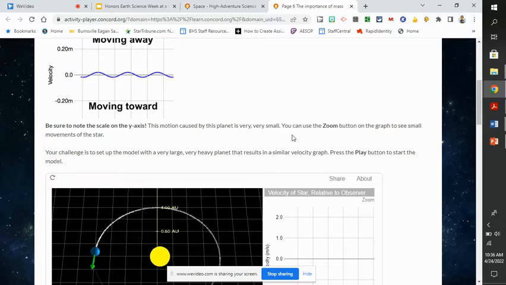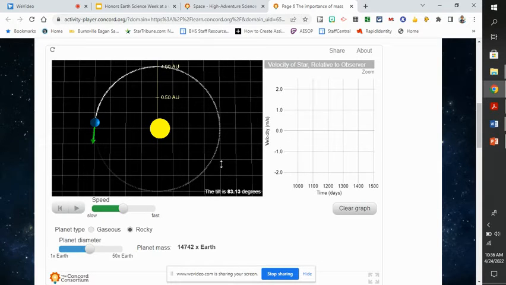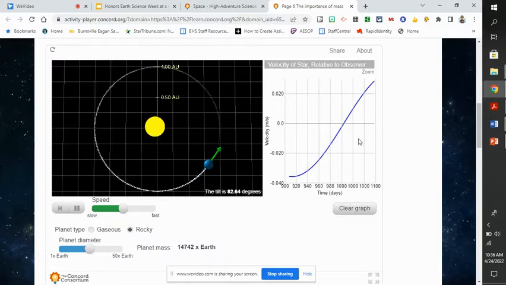So it's a very small movement. You're going to use the zoom button. I don't think this is really user friendly, but I'll show you what they mean. Let me change this to just maybe barely an angle, and I'll press play. Then you can see that it's moving. If I click zoom, how much is it moving?